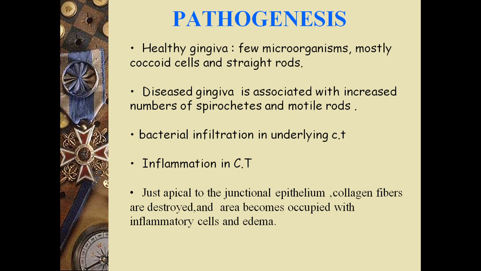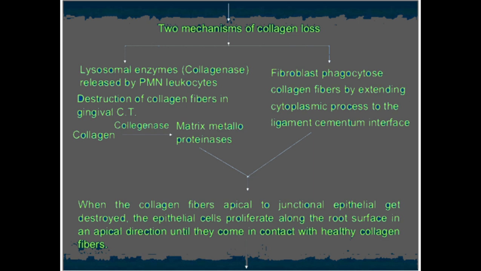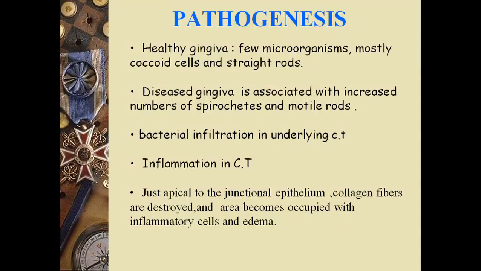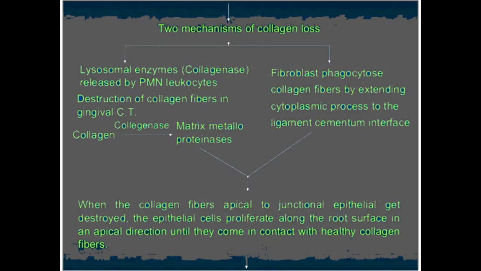Let us see how. And I'll be explaining all this diagrammatically. First of all, let us see what is the mechanism. Two main mechanisms of collagen loss of underlying connective tissues. First is collagenase. Collagenase is secreted by polymorphonuclear neutrophils as well as by the bacteria. Collagenase in the form of matrix metalloproteinase will break down the collagen.